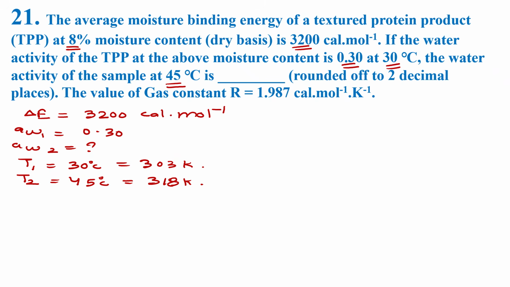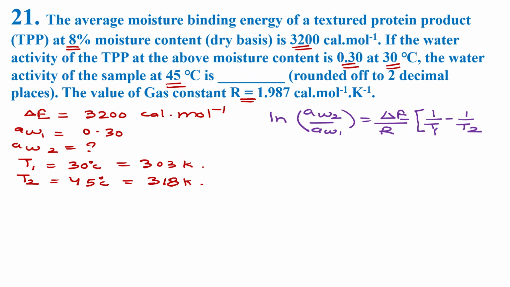We'll just put the formula, that is ln AW2 by AW1 is equal to delta E by R into 1 by T1 minus 1 by T2. So we'll just put the values over here now. ln AW2 we have to calculate.